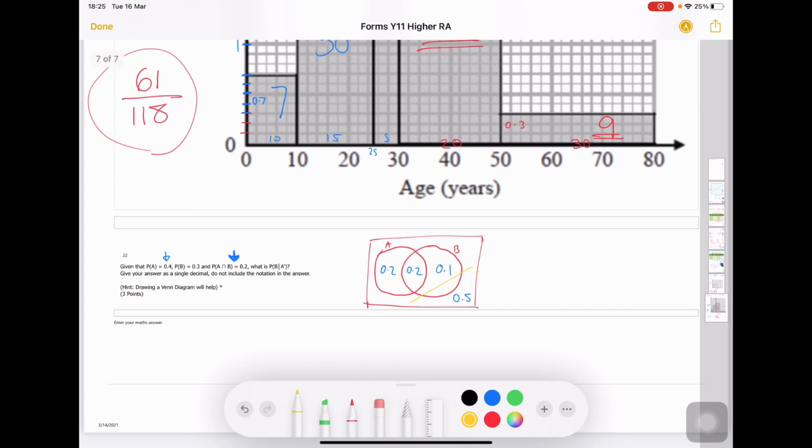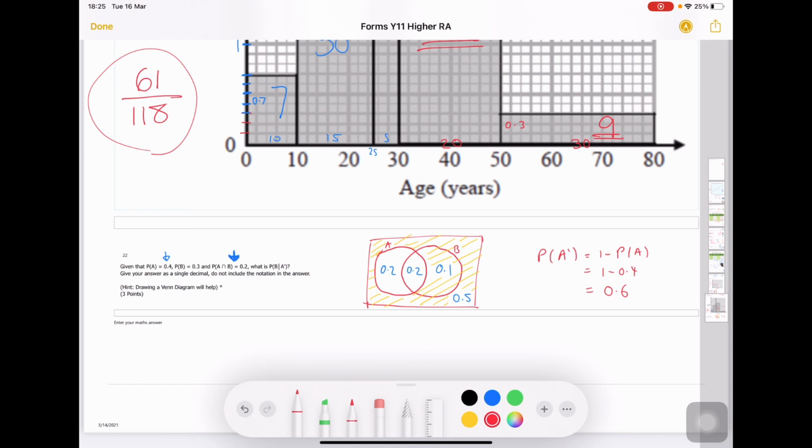So this shaded region is everything which is not A. And the probability that it's not A is 1 take away the probability of A. So 1 take away 0.4, 0.6.